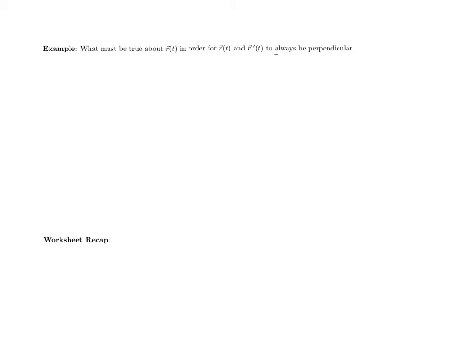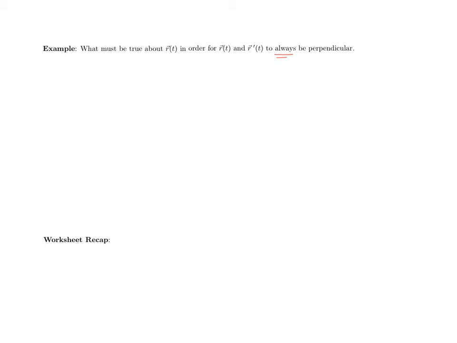And I want to note that a key word is "always." A common misconception is to believe that r and its derivative r prime will always be perpendicular to each other, as opposed to just saying that r prime is tangent to r at a point.